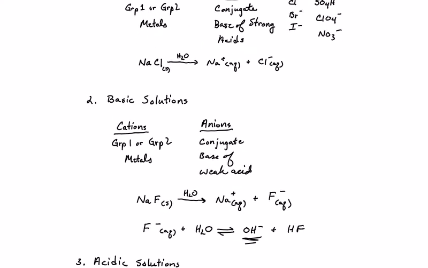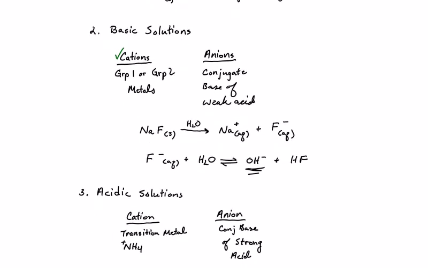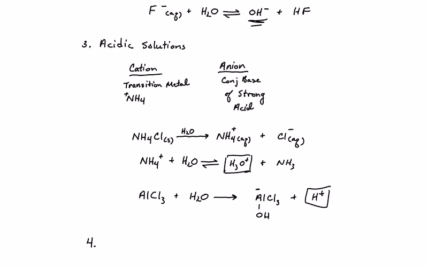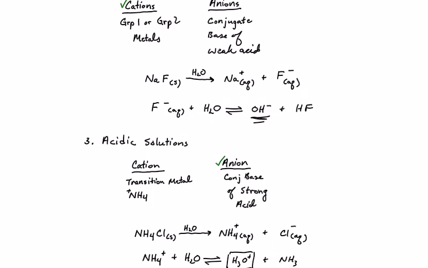If we go to the basic solution, we have cations that are not going to affect the pH of the water, but we have an anion that does. In the acidic solution, we have an anion that does not affect the pH, but a cation that does.